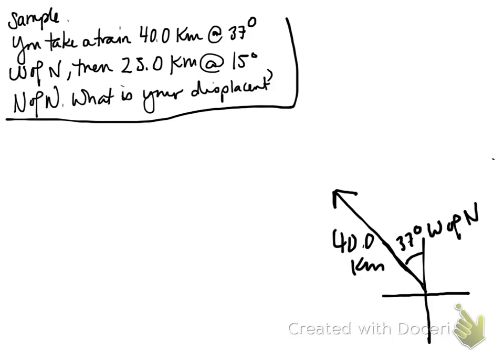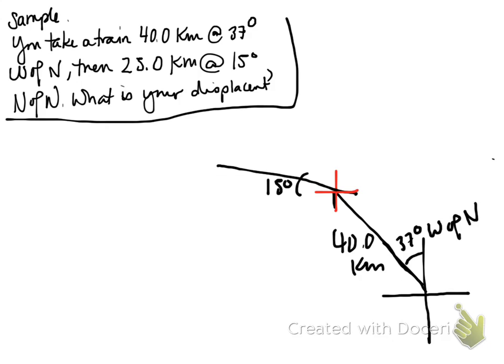And then it turns. And so what I tend to do is I draw myself another little compass rose, in a contrasting color just to help us out. And now we go 25 kilometers at 15 north of west. You don't have to draw these perfectly to scale.